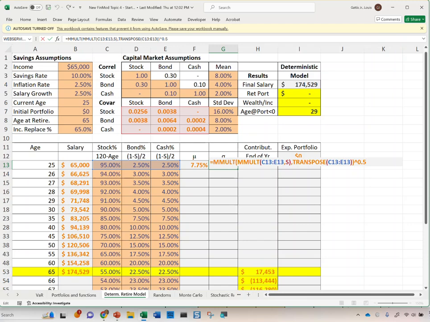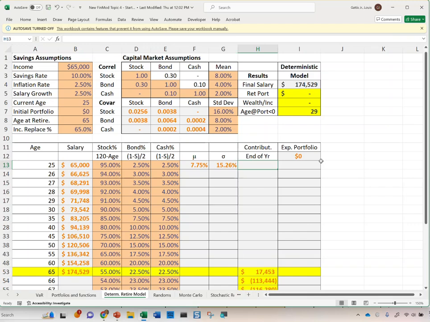So notice I had to switch the order of the transpose. It was normally up front. I switched it because for the matrix algebra to work, I had to make a few adjustments if the weights are in rows and not columns. So this is actually MMULT, W, S, transpose W.